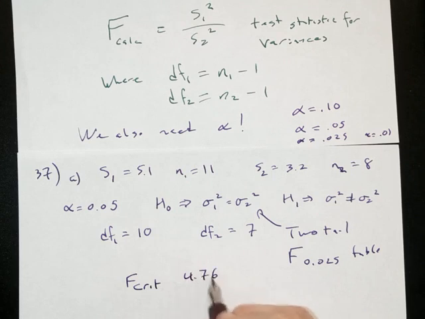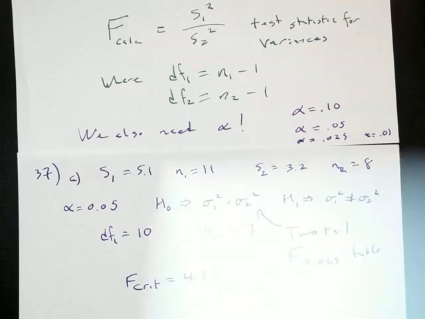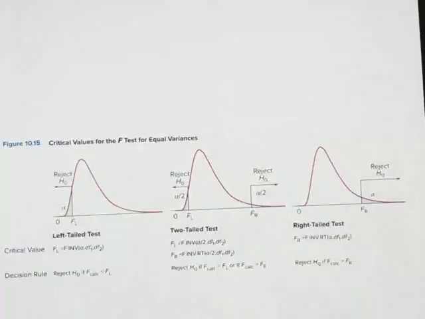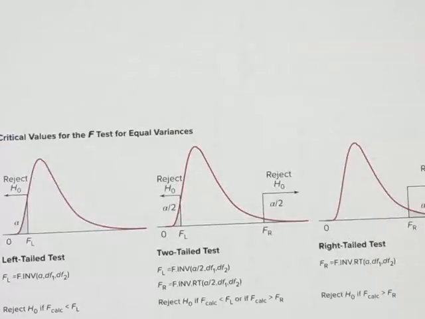But let me go back to that picture for a second. Middle picture there. 1, 2, 3. Has 2 critical values. Which one did I just get?